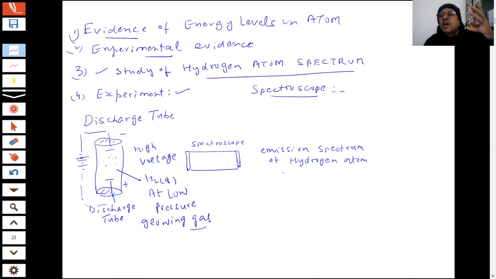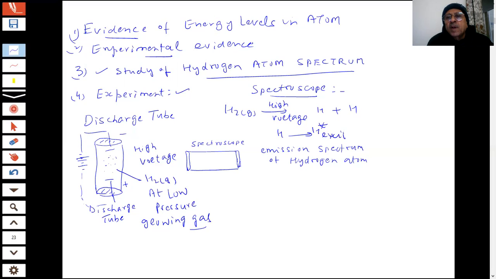What happens? The hydrogen gas is there. When high voltage is applied, what will happen? It will dissociate into hydrogen atoms, and these hydrogen atoms, student, will get excited. What is excited? Electrons are excited.